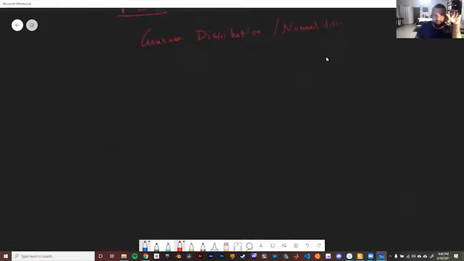So if I take a Gaussian distribution, everyone has seen Gaussian distributions. The middle value is what we call the mean, and the symbol for the mean is mu. The mean is kind of the average value.